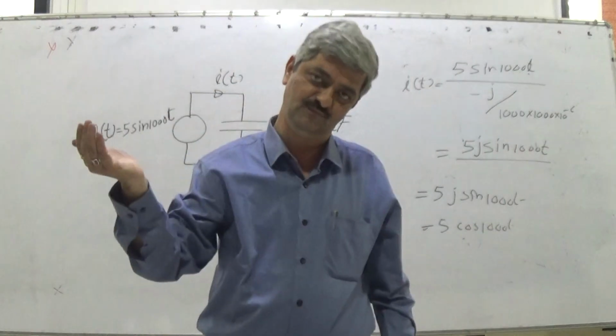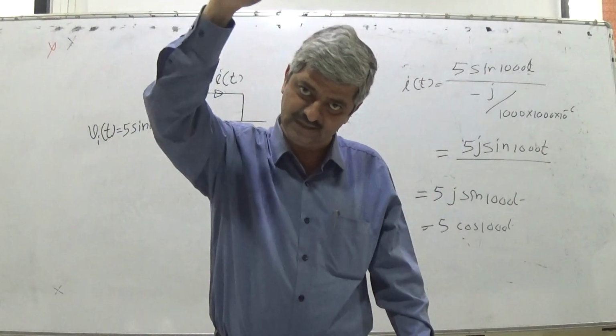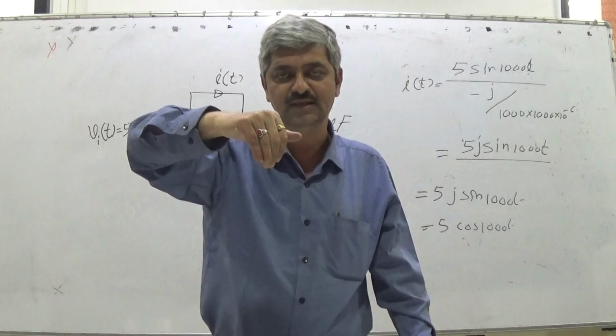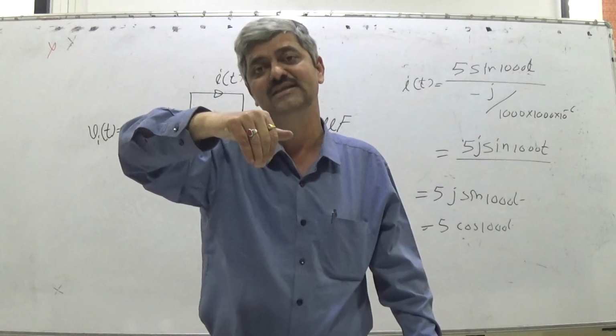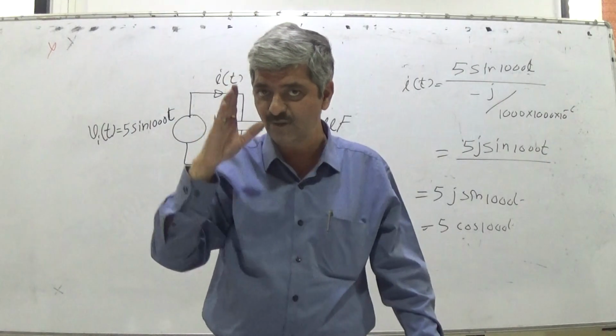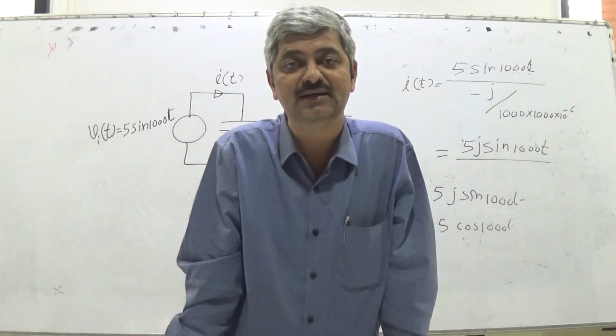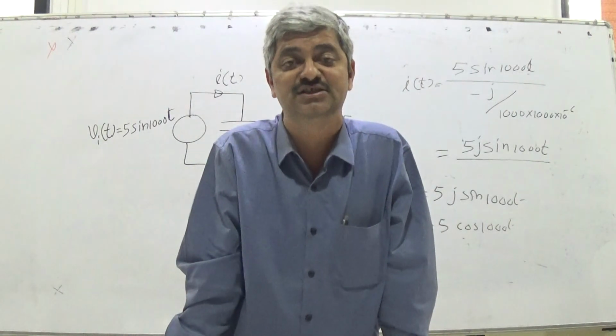So in one quarter cycle, energy is coming in, getting stored. In next quarter cycle, it is releasing the energy. So on average, power dissipated in inductor or capacitor is zero. Why?